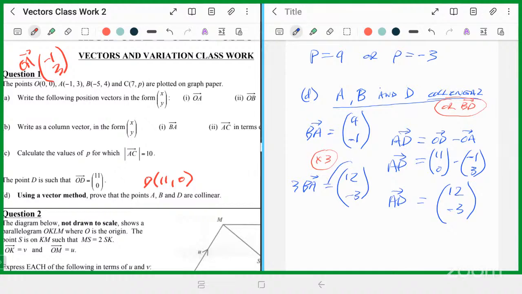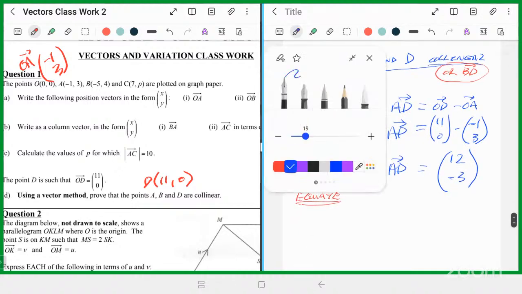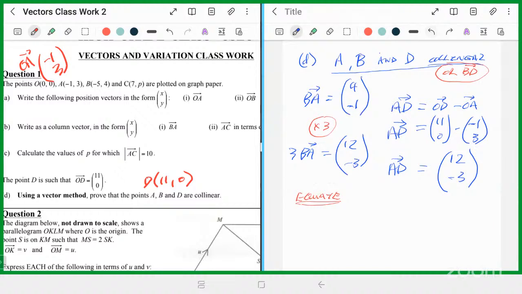Now, because these two things are equal, it means that this and this are equal. So we can equate as our next step. Equate the vectors to establish the equation that we want. When you equate them, we get that AD is 3BA, which is what you're trying to get.